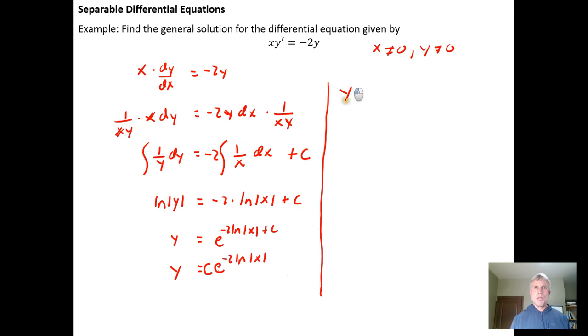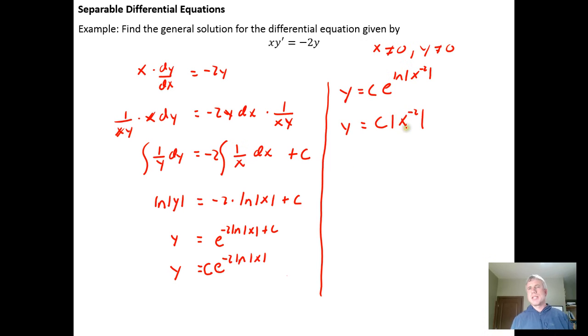We can use properties of logs: I have a number in front of the logarithm, being multiplied to the logarithm, so using log properties, that can move up into the exponent position on the x. And now I have e to the natural log, so those are inverse functions. So we get y equals c times the absolute value of x to the negative 2.